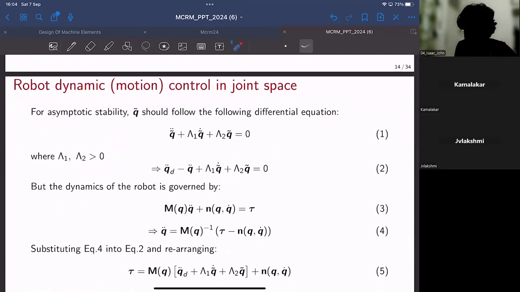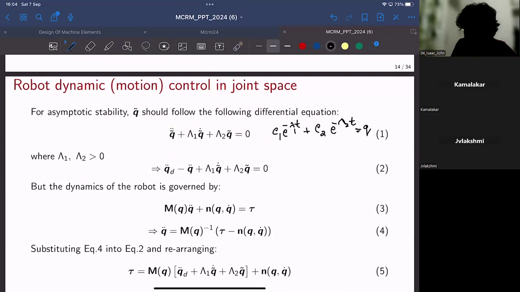If you force your robot to move as per this governing equation, what will be the solution of this equation? It will look something like C1 e raised to minus lambda 1 t plus C2 e raised to minus lambda 2 t.